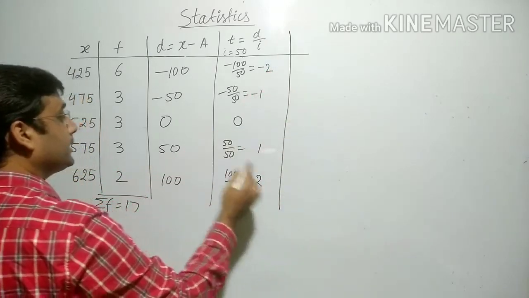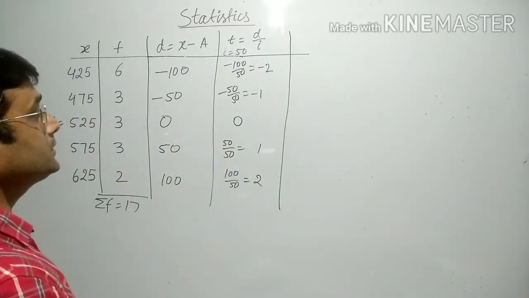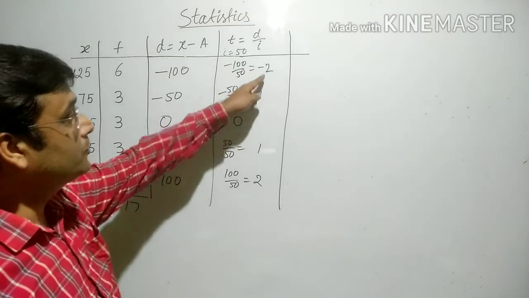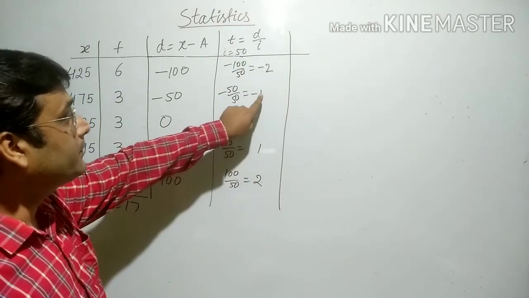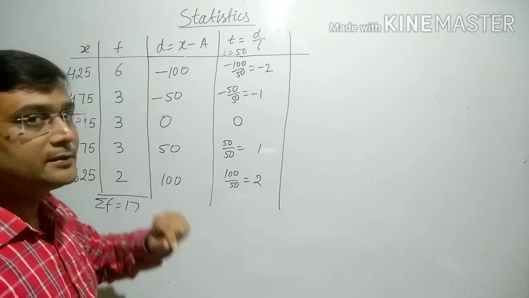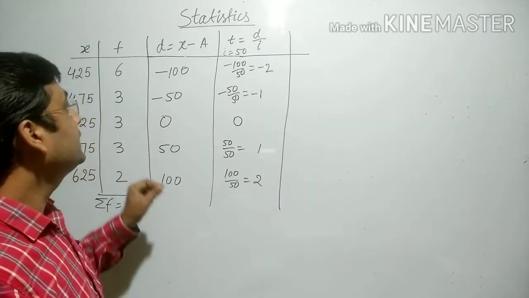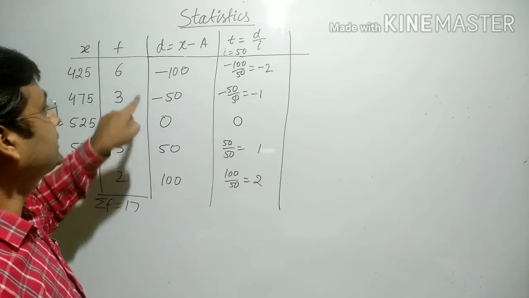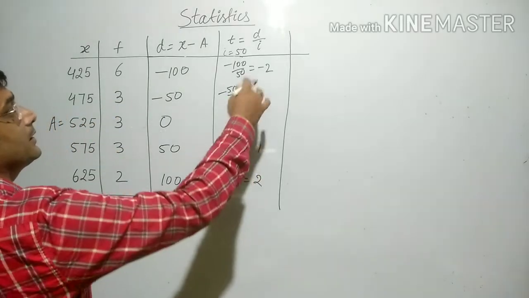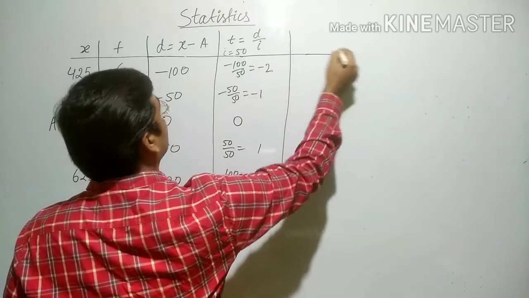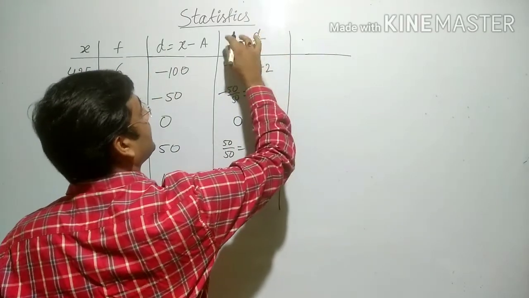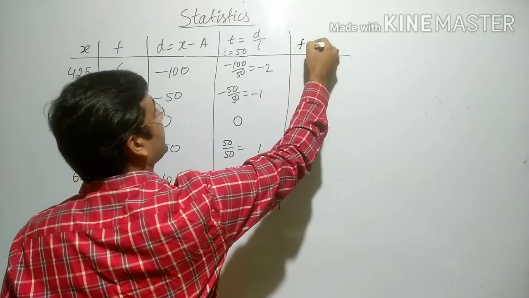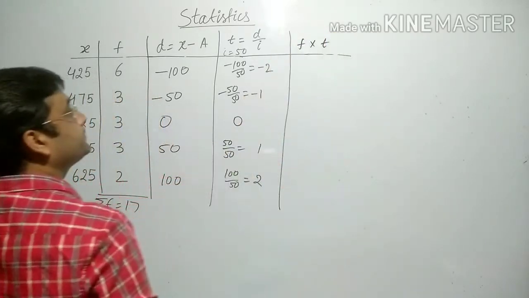So now we can understand the benefit of this. Now we have minus 2, minus 1, 0, 1 and 2. If we multiply this with f, it is easier than multiplying the earlier values. That means after this step we will multiply f by t.